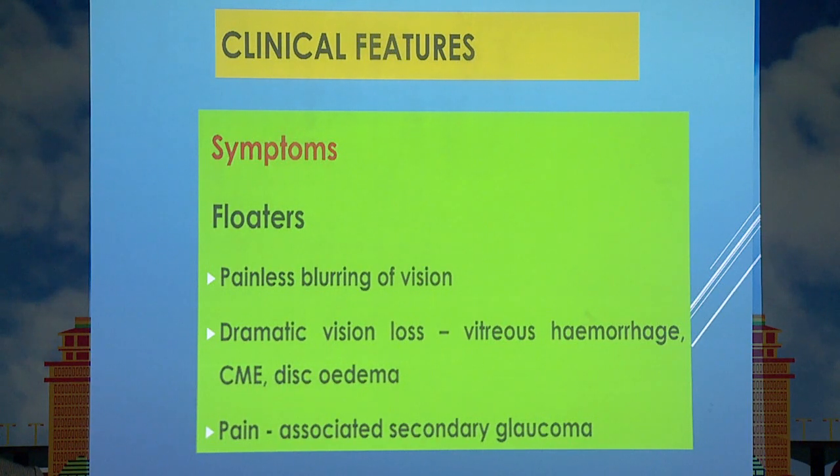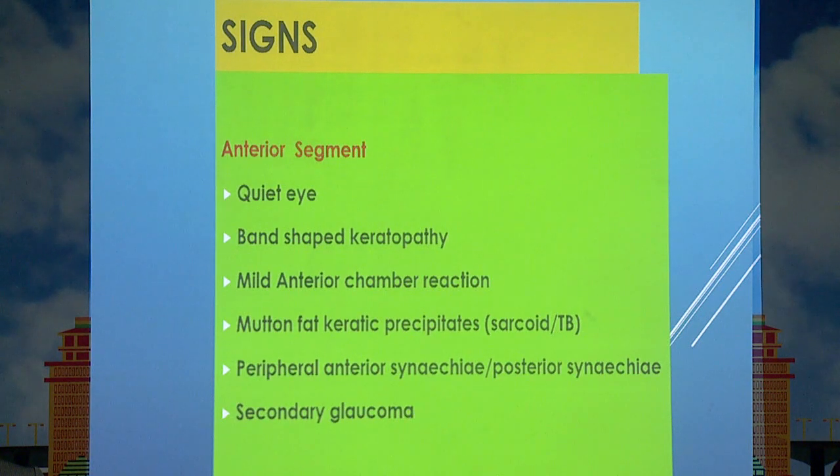What symptoms does the patient present with? Usually the patient presents with floaters and painless blurring of vision. Occasionally there is a dramatic visual loss when there is a vitreous hemorrhage, CME or disc edema. If there is pain, it is usually associated with secondary glaucoma. What are the signs we look for? In most situations, it's a quiet eye.